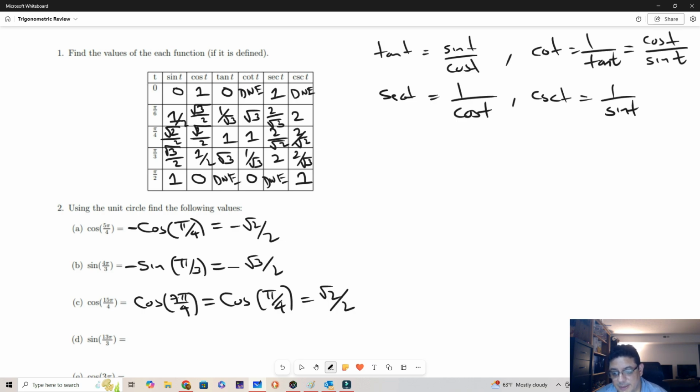Now this is 13 pi over 3. So in terms of pi over 3, 2 pi is what? 2 pi is 6 pi over 3. So if I subtract 6 pi over 3 from this, I'm going to get 7 pi over 3.